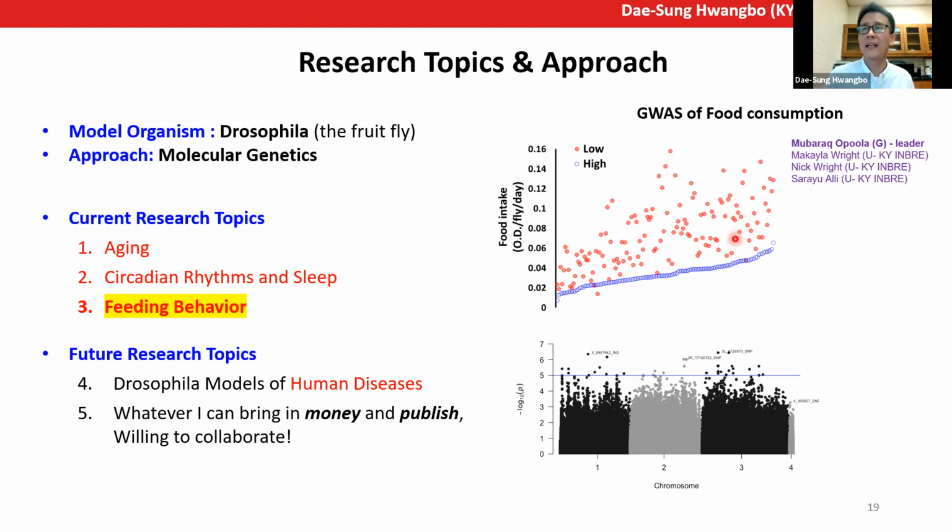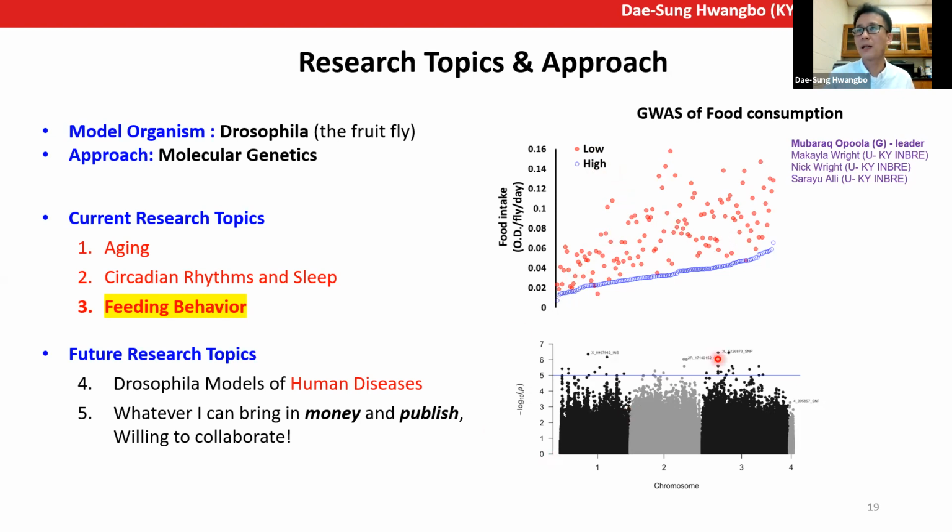And all these lines are fully sequenced, so this is freely available in the fly community. So my question is, can I find any genetic interaction or loci that determines food consumption, especially in different sugar conditions? With low sugar and high sugar, you see different responses.